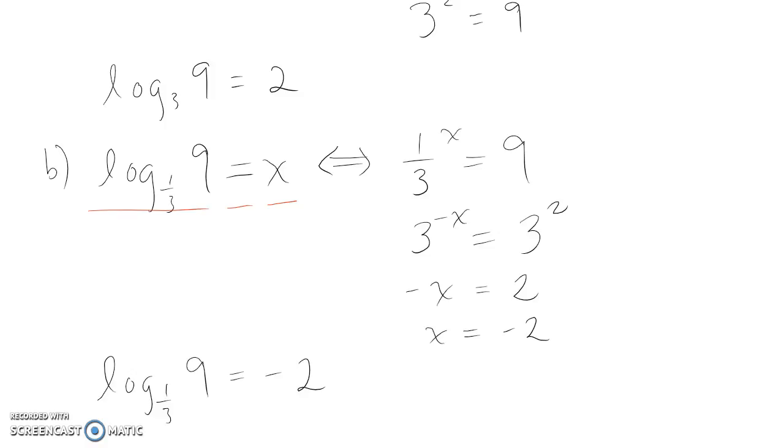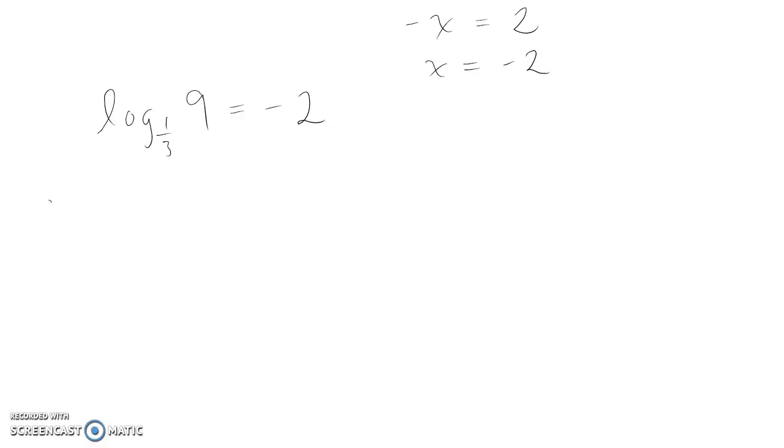Alright, let's do one more of these. Let's take the log of the square root of 3 of 9. Okay, same thing. I'm going to set it equal to x and switch it around, and we're going to say the square root of 3 to the x equals 9. And I'm looking for this exponent.